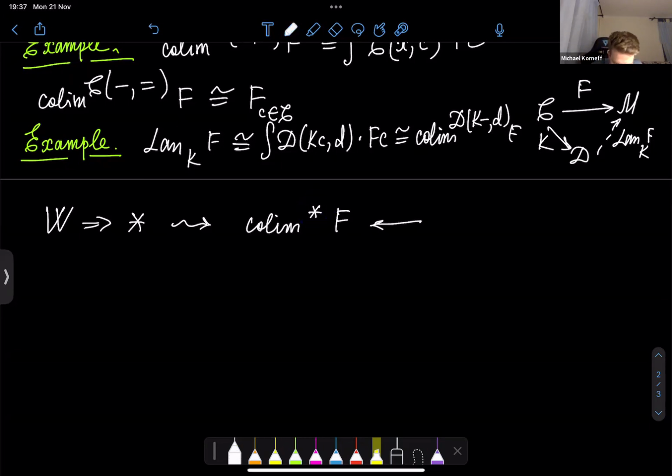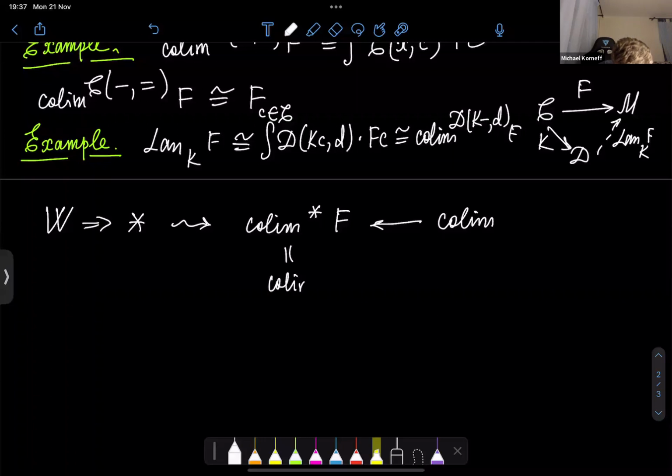Thus, we have the following map from this weighted colimit to the usual colimit, and this is the so-called comparison map.